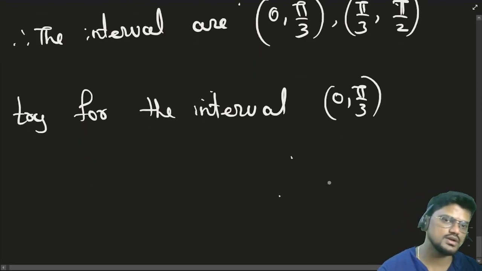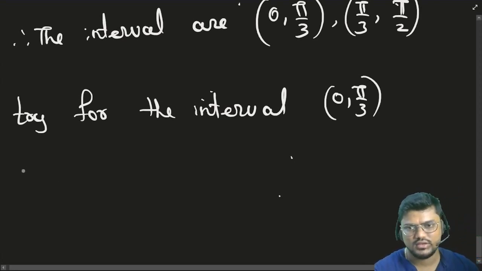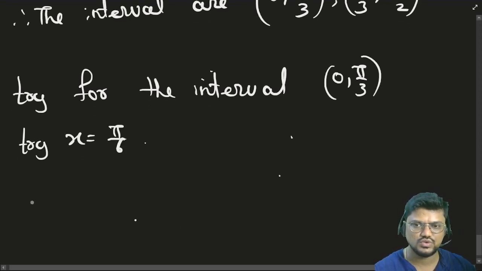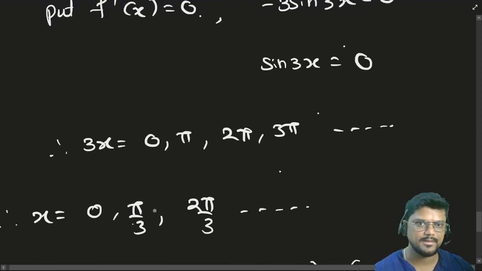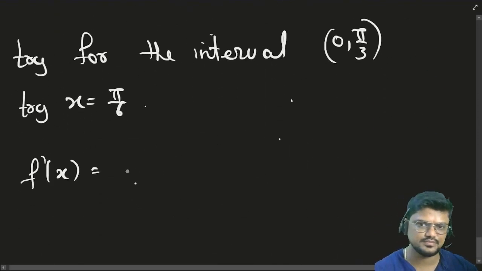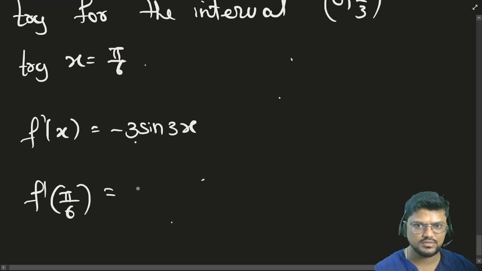Pi by 3 means 60. So you can try x equals pi by 6. So your f dash of x equals minus 3 sine 3x. So f dash of pi by 6 equals minus 3 sine of 3 into pi by 6.